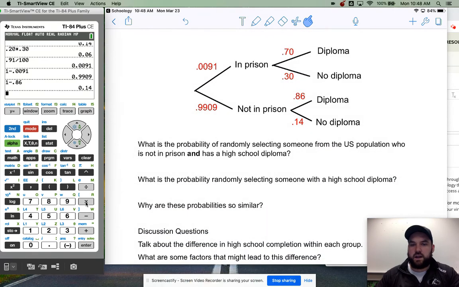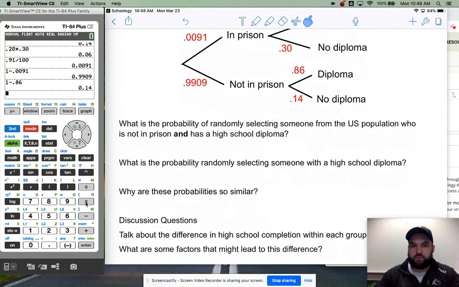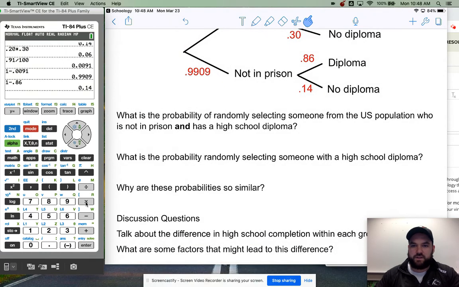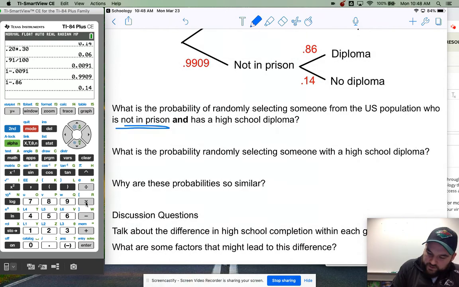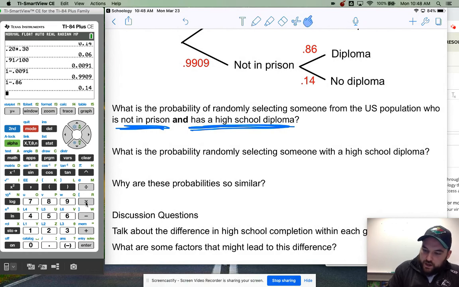So let's try a couple of these real quick. This is just a replica of what we just made. What is the probability of randomly selecting someone from the US who is not in prison and has a high school diploma? And this word "and" is super important. That means I'm going to have to multiply.